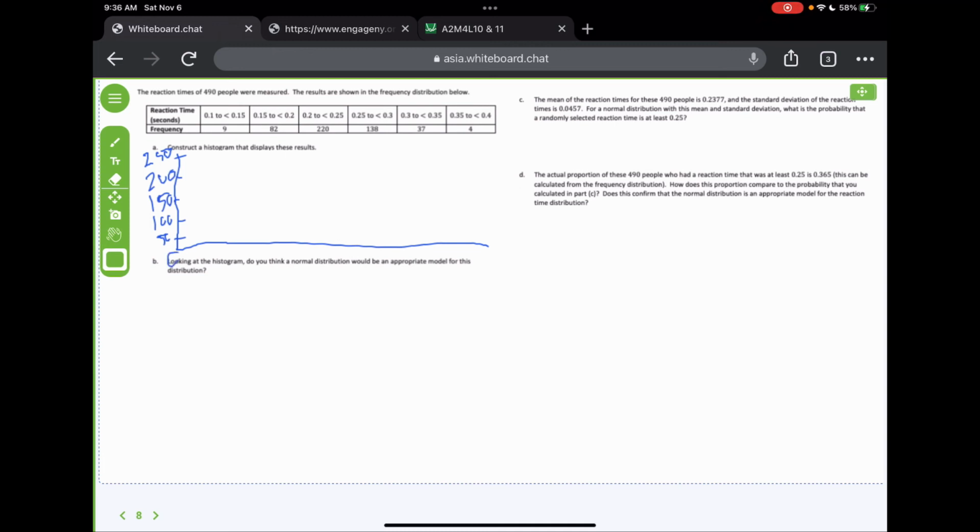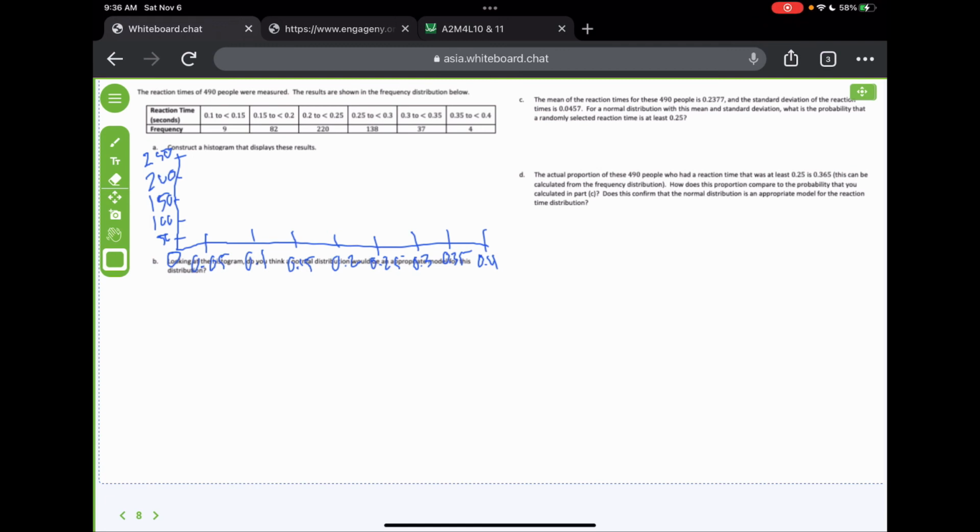So if this is 0, let's do intervals of 0.05. And I need to stop at 0.4. Good, because that's all I remember.